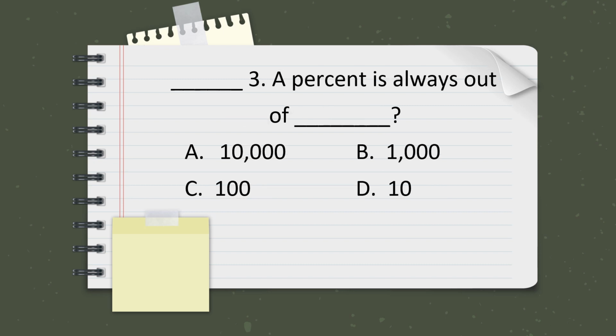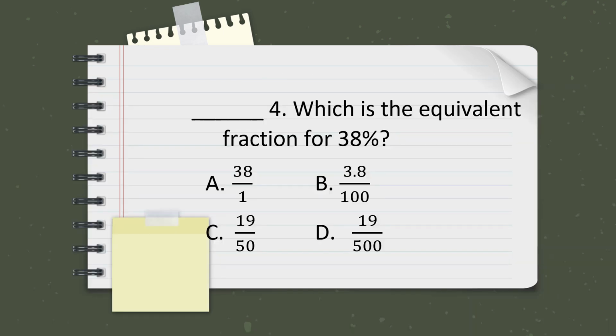Number 3. A percent is always out of blank. A. 10,000. B. 1,000. C. 100. D. 10. Number 4.